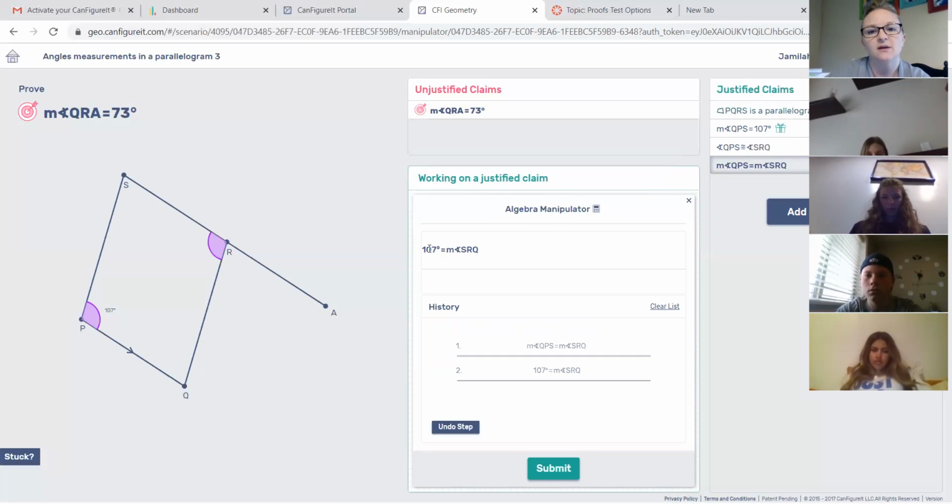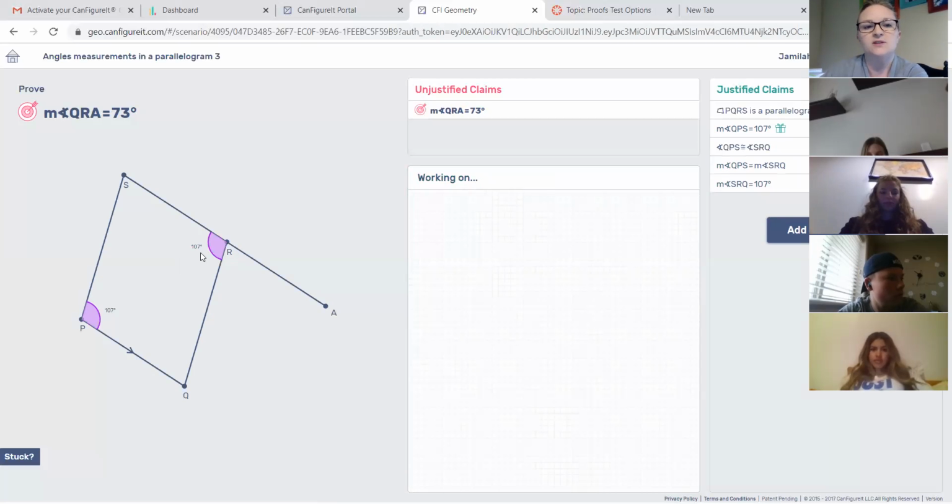Magic. It turns what used to be QPS into 107 degrees. So now I am officially saying that this angle right here is also 107 degrees. Do you understand why that gets us closer to our proof being done?